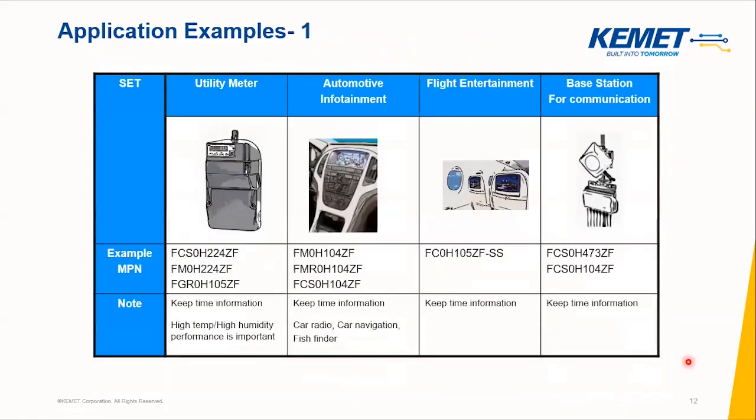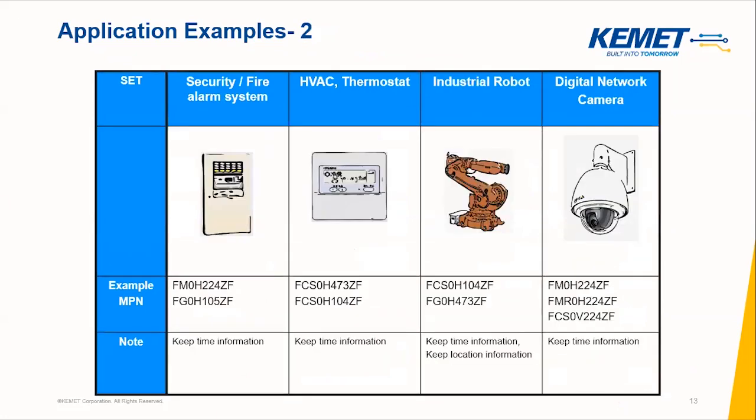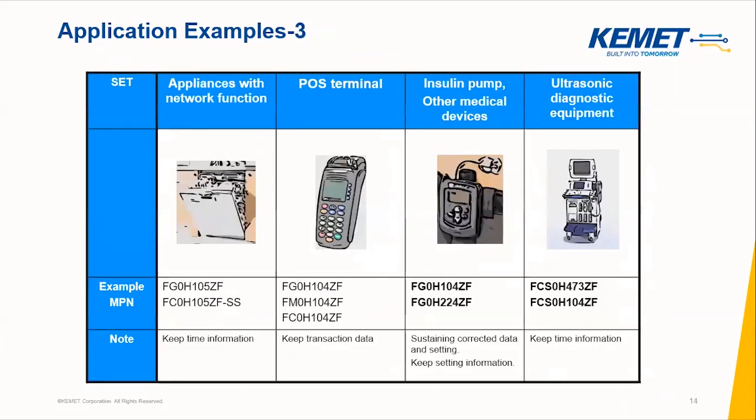We have different application examples, as we already listed some, and also some examples of the part numbers which are relevant to utility meters, automotive, infotainment, flight entertainment, base stations for communications, digital cameras and digital networks, industrial robots, and other applications such as installing pumps, ultrasonic diagnostic equipment, and so on.